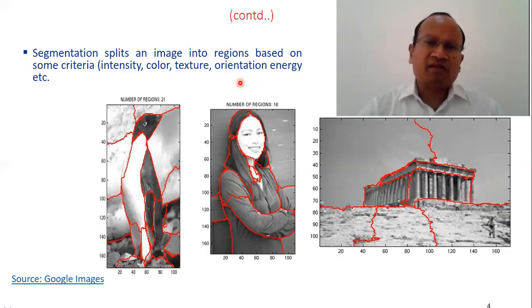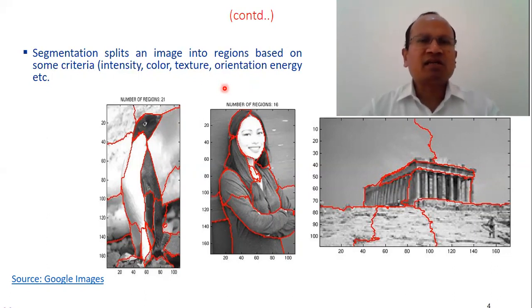There are so many parameters which are extracted, derived or measured with respect to the grayscale or color or texture values. So based on these criteria, segmentation splits an image into a suitable number of parts.